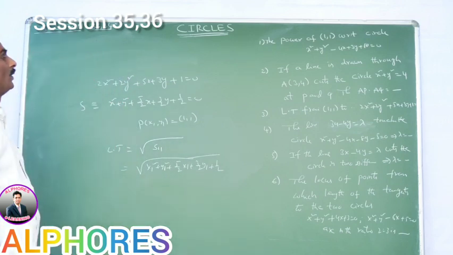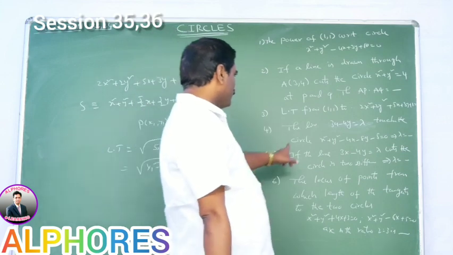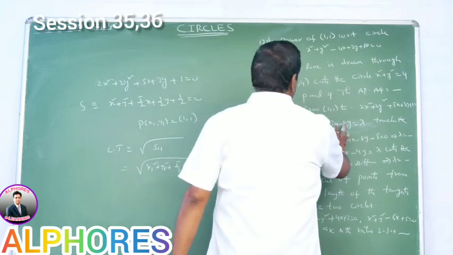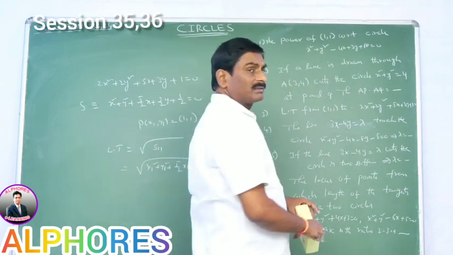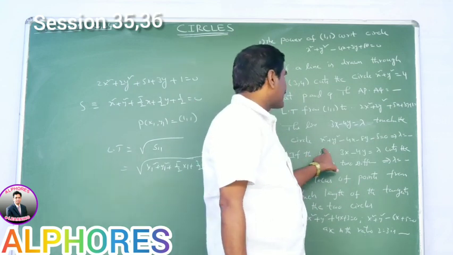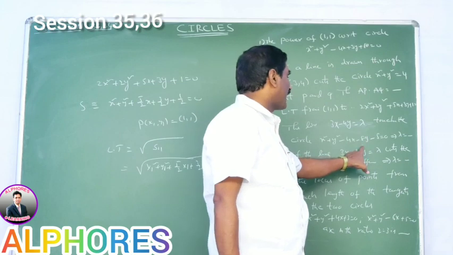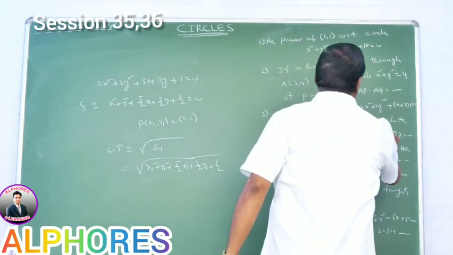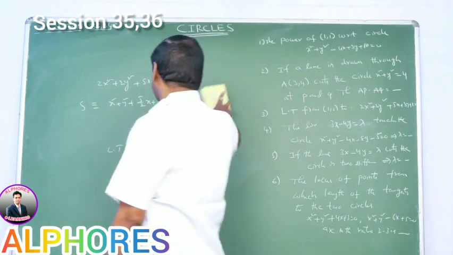Next, the fourth one. If the line 3x minus 4y is equal to lambda touches the circle x square plus y square minus 4x minus 8y minus 5 is equal to 0, then lambda is equal to dash.